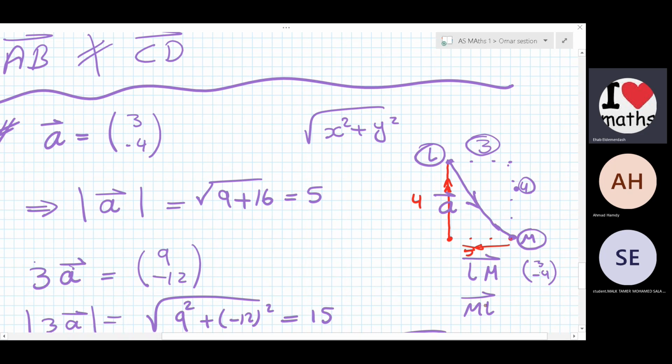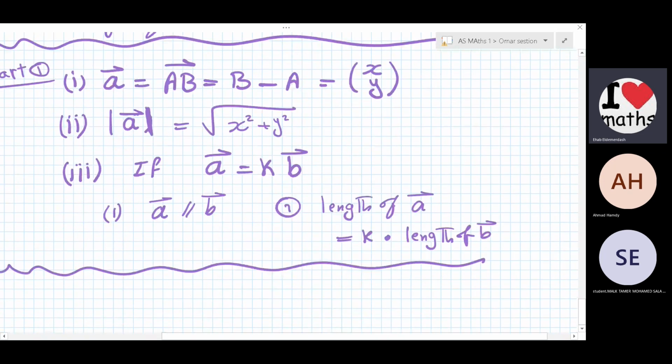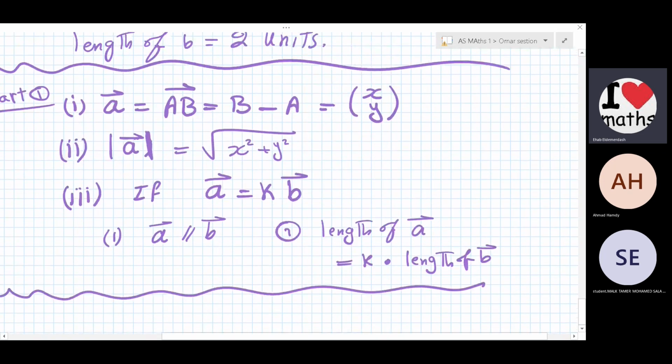So 3 to the left will be written as negative 3, and the 4 up will be positive 4. Okay, tell me what you think about both of them. One of them is multiplied by what to get the other one? Negative 1. So if I have to go in the opposite direction, I have to change the sign. Agreed? What does that mean?